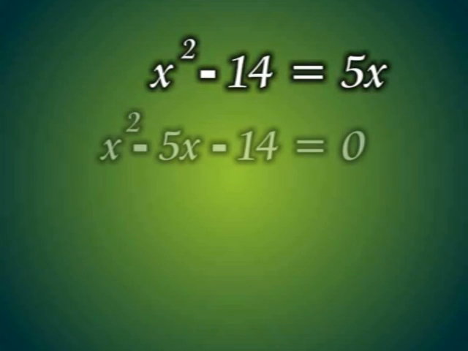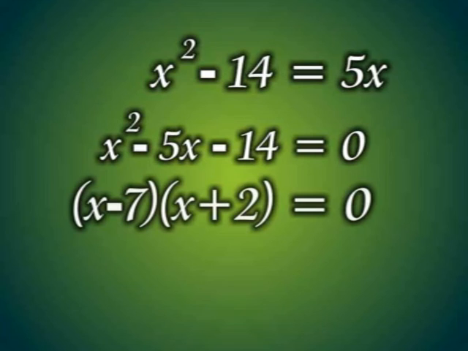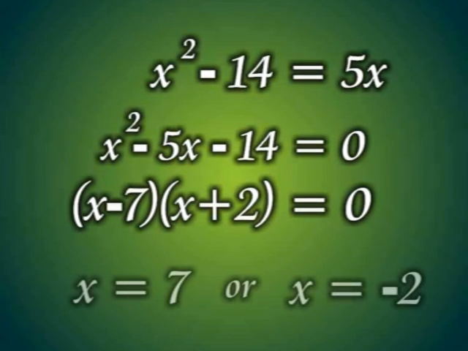That is going to become x squared minus 5x minus 14 is equals to 0. X squared minus 5x minus 14 is going to factorize to become x minus 7 times by x plus 2, and that still equals to 0. That means that either x is equals to 7 or x is equals to negative 2.